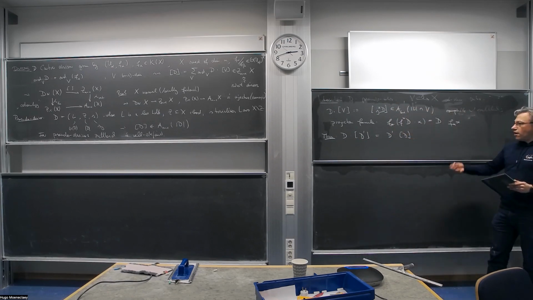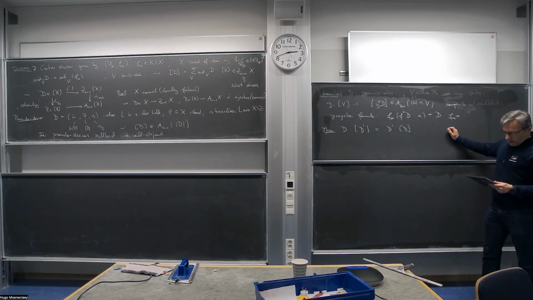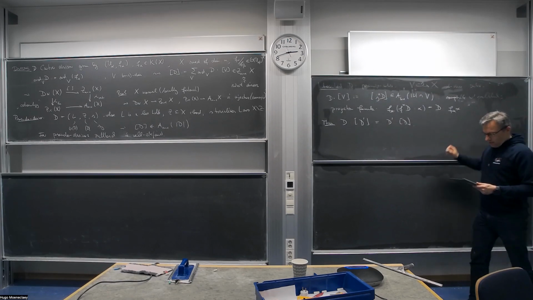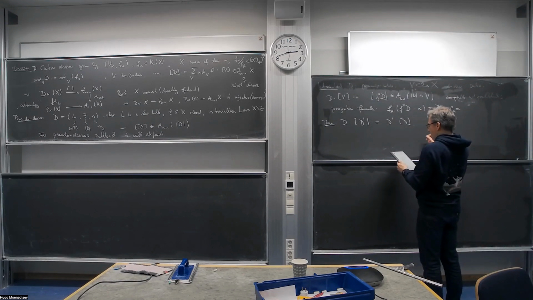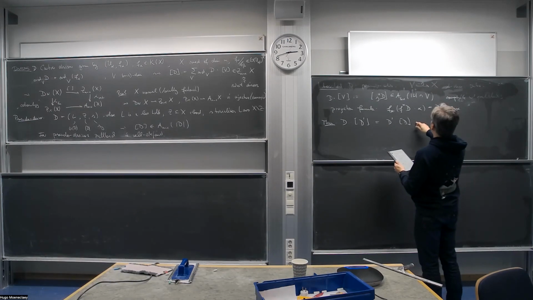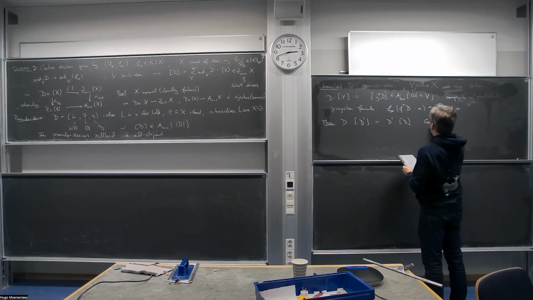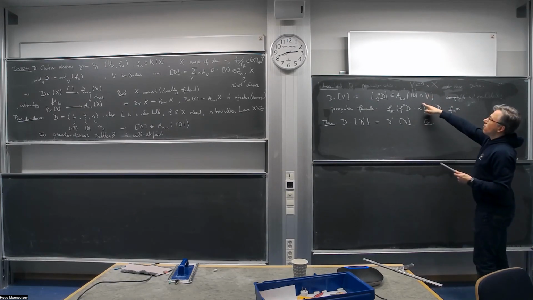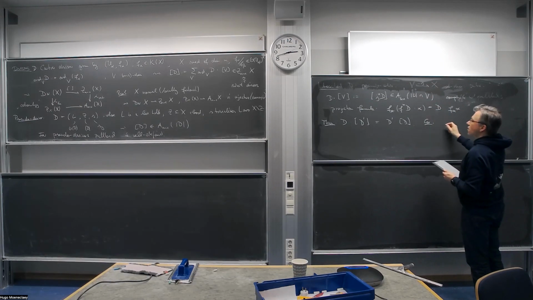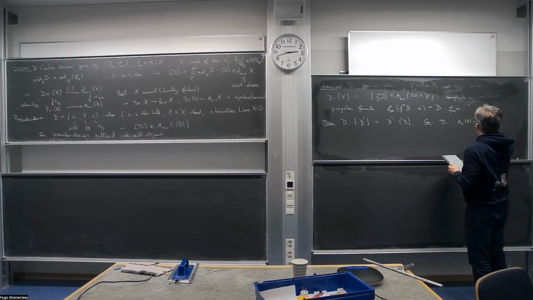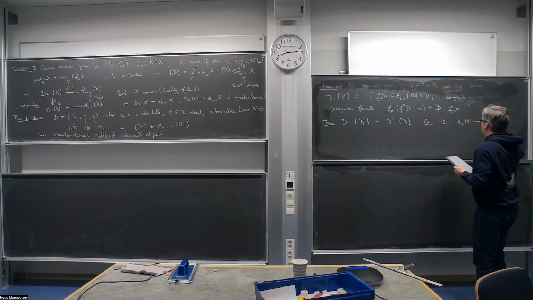And we can show, and the corollary from this, which was not clear from the definition, is that intersecting with D gives a map from A_k(X) to A_{k-1}(X).